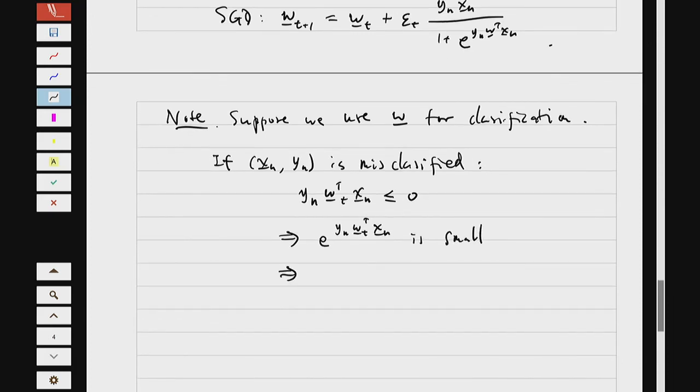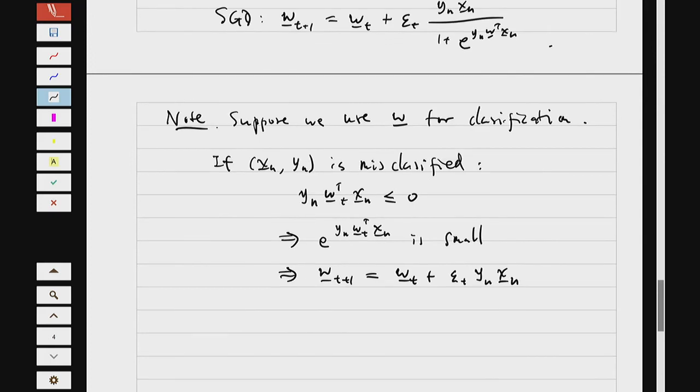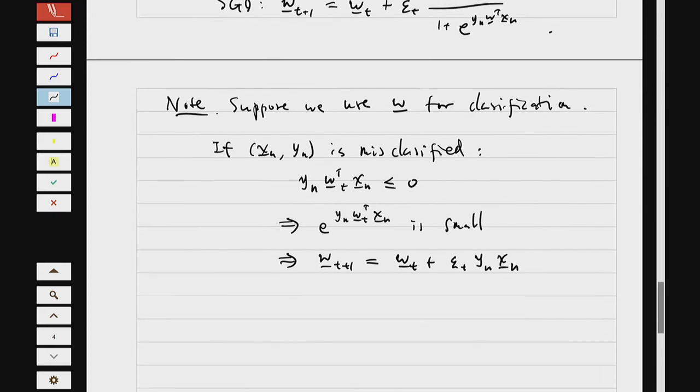That means the SGD update becomes roughly, since e to something is small, the denominator is just 1. So you have simply epsilon_t times y_n times x_n.